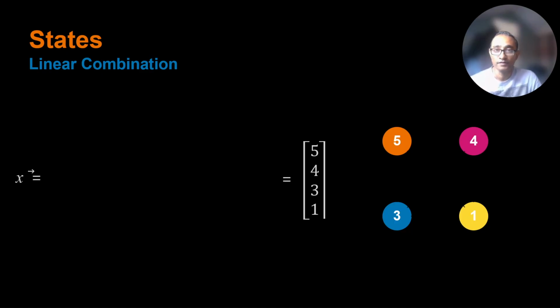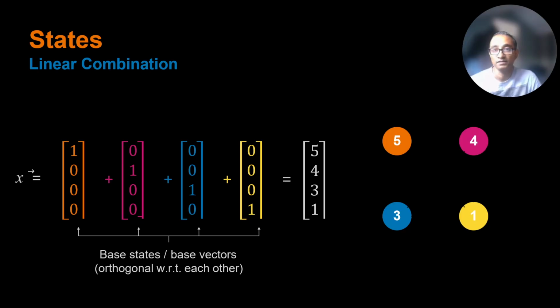However, if you split this vector representation into this vector configuration, you will end up with something like this. So each vertex corresponds to a base vector, and each coefficient then represents the vertex itself.